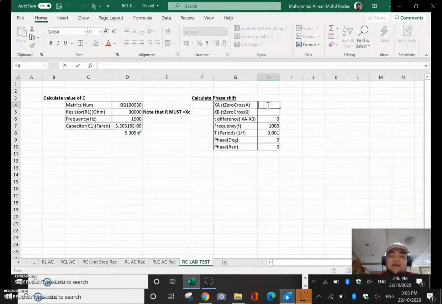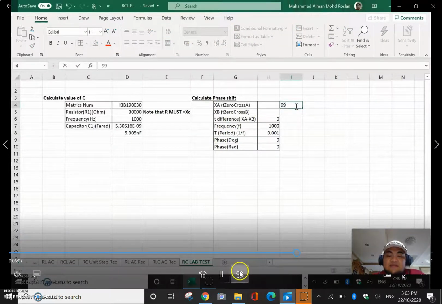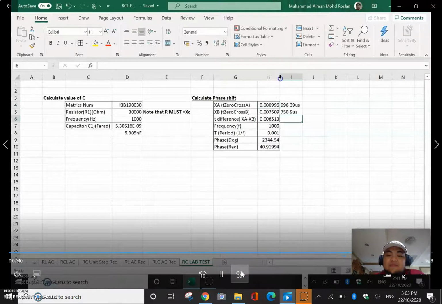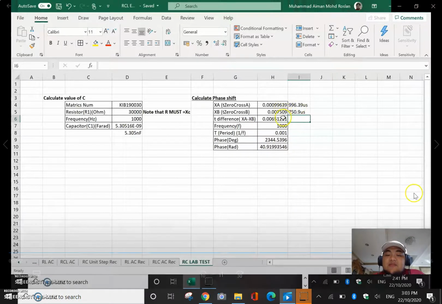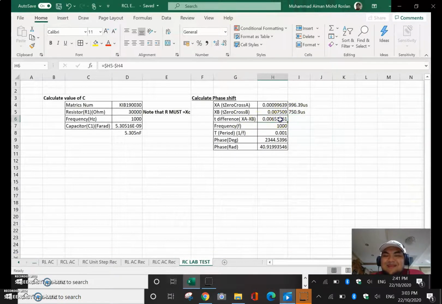Here I've prepared it, so we can put in the values of XA, which is as mentioned earlier, and then we can calculate the T difference, which we can obtain from subtracting XB from XA, or the other way around.